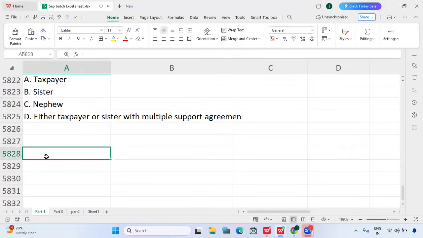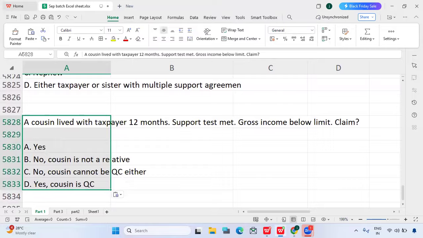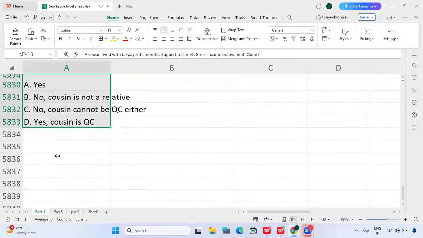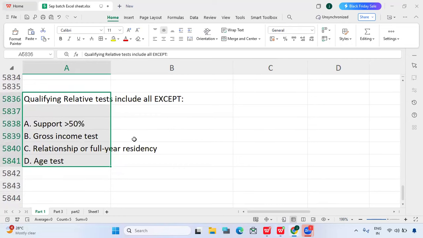Next one: cousin lived with the taxpayer 12 months, support test met, gross income below the limit. So can we claim? Yes. So the qualifying relative test includes all except the age test.